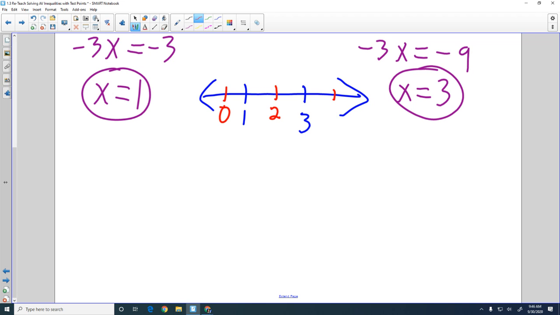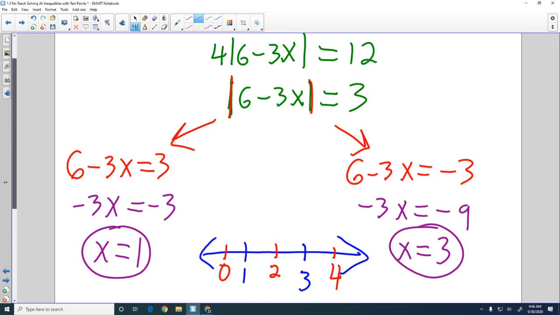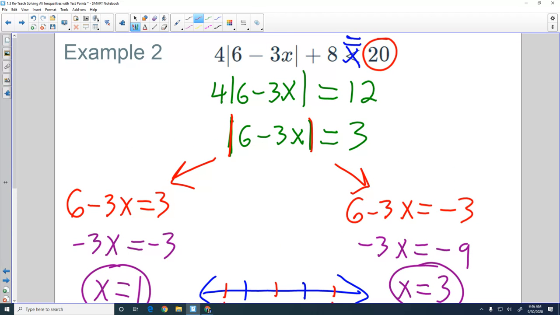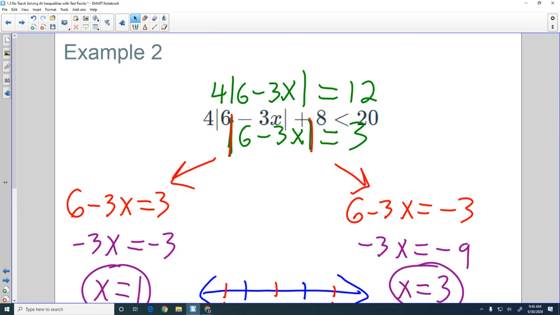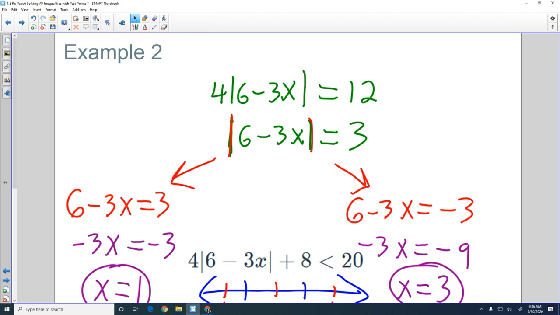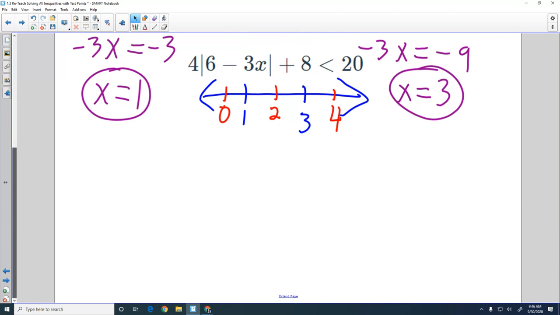And then a number greater than 3, let's just use a 4. So we're going to use these test points back with this original inequality. And remember, we do need to use that inequality sign. We need to keep that less than in place now.